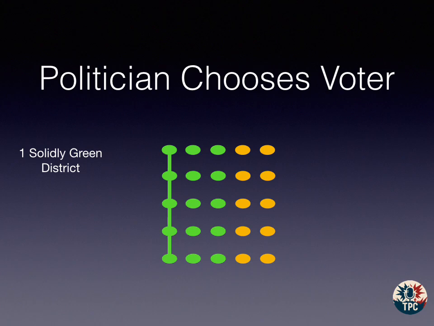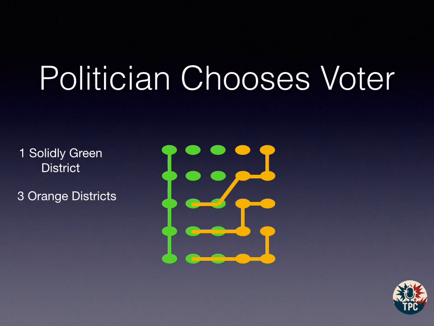So if they start out making a solid green district, then they create another district which has 3 orange and 2 green, giving a majority orange district. So then a third district is created, giving it a majority orange and suppressing the green in that district.